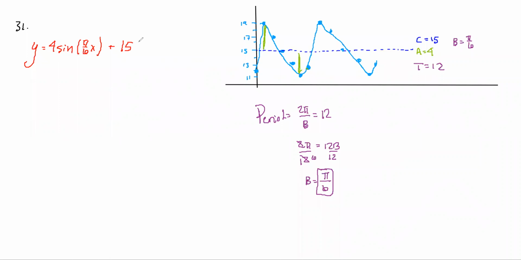And this is based on our estimations, right? In order to estimate g of 34 and g of 60, we would just say y of 34 equals 4 sine pi over 6 times 34 plus 15, and we would just solve. But for tests, it would just be 4 sine times pi over 6 times 34 plus 15.